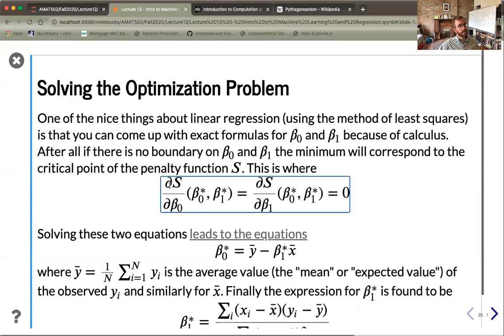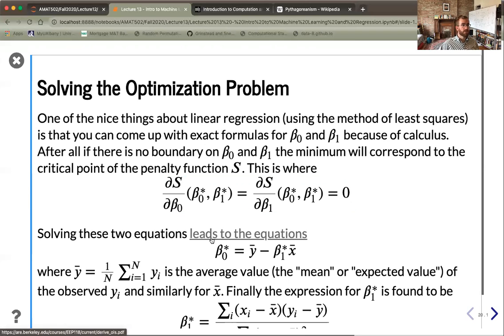So here is what I do. I take S and take the partial derivative with respect to beta 0, and set that equal to 0. I also take the derivative of S with respect to beta 1, evaluate it at my candidate point, and set that to 0. With these two equations, I can determine the two unknowns, beta 0 star and beta 1 star.